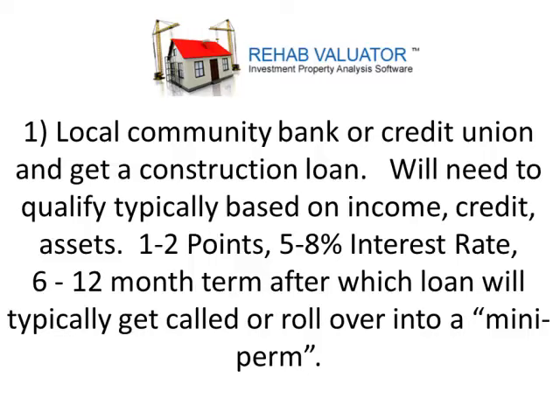You'll have a 6 to 12 month term on your construction loan. And then typically most of these community banks will either call them or roll them over into what's called a mini perm, which means that your loan just rolls over into a 20-year amortized loan with a 3-year call, for example. And all of these community banks, there's so many of them, all of them are different. I suggest you reach out to local ones in your area, get to know them.